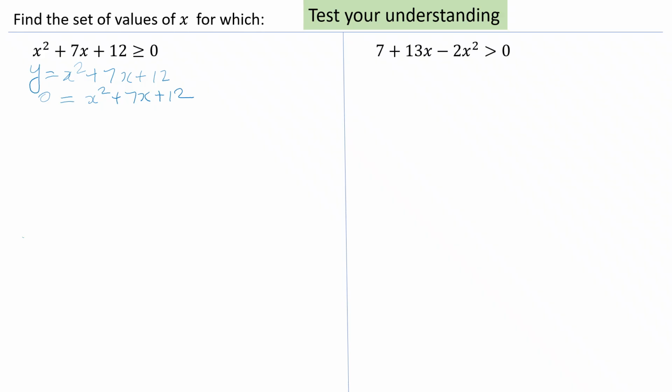So if you multiply to 12 and add to 7, x plus 3 and x plus 4 equal to 0. So if x plus 3 equals 0, x equals minus 3, or x plus 4 equals 0, x equals minus 4.